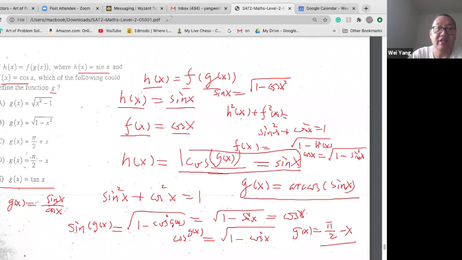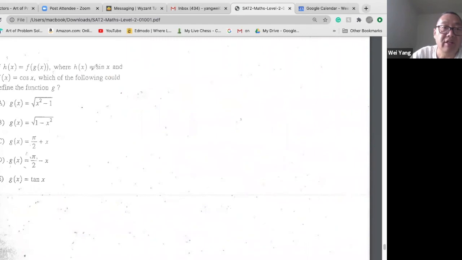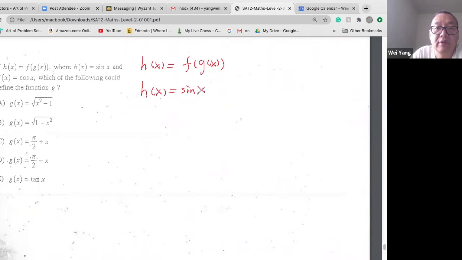Yeah, actually, now let me write clearly. So first, you have hx equals f(gx). Then hx equals sin x, and fx equals cosine x.